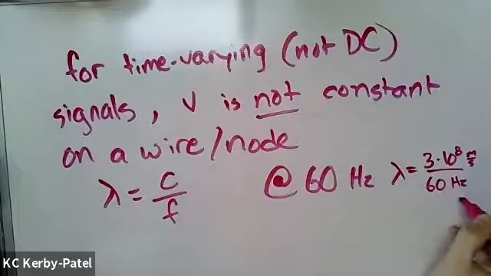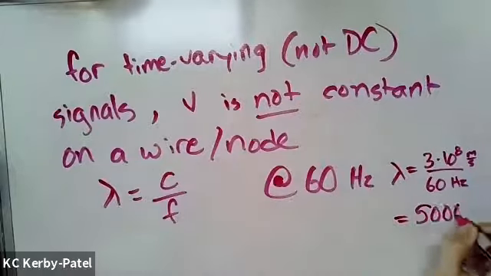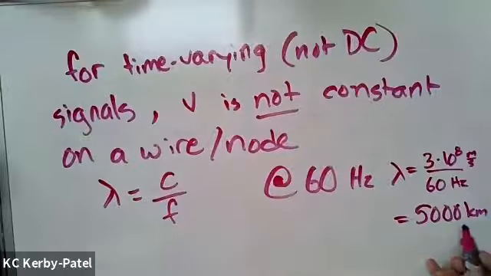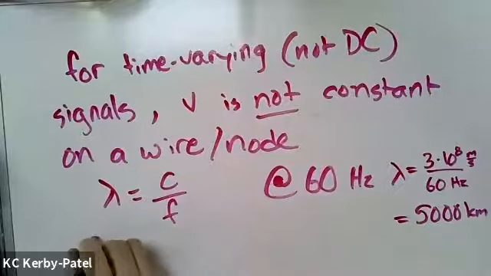Remember, hertz are 1 over seconds. So that turns out to be about 5,000 kilometers. So we don't care about this. We would have to have a really, really big circuit to care about the size of a wavelength here, because usually transmission line effects start to matter when the circuit size is about 1/10 of a wavelength.